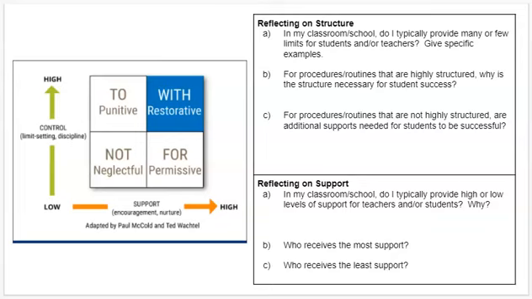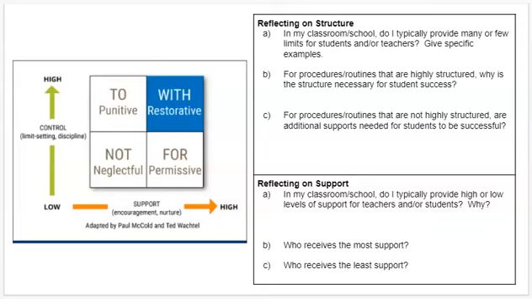Now that you've done A and B, let's look at C. When you think about those procedures and routines that are not highly structured, so it's more in that "not" box, the neglectful box, are there additional supports needed for students to be successful?